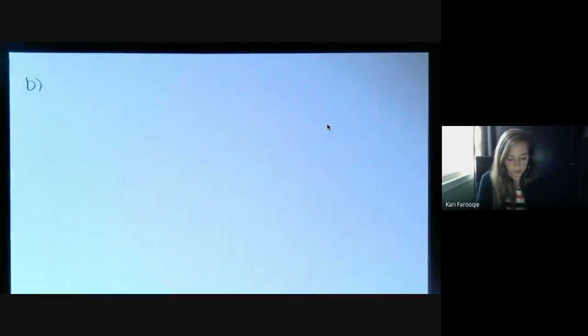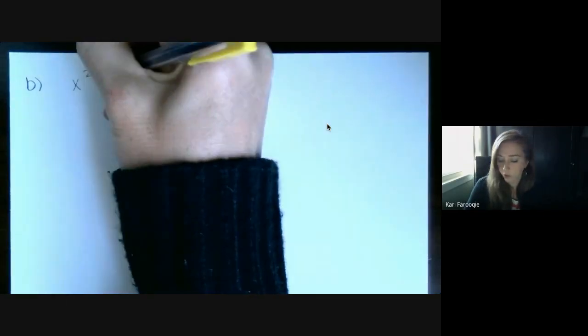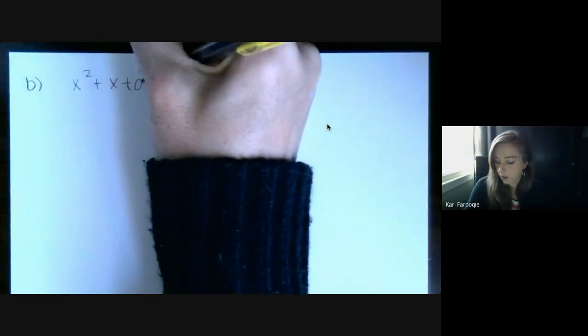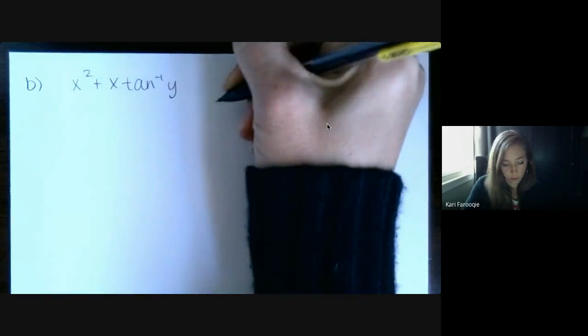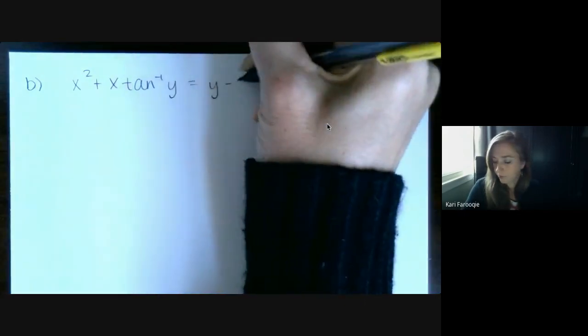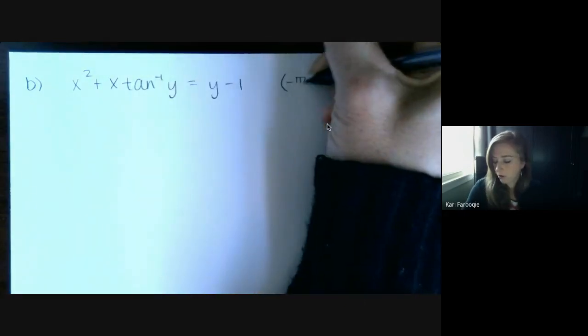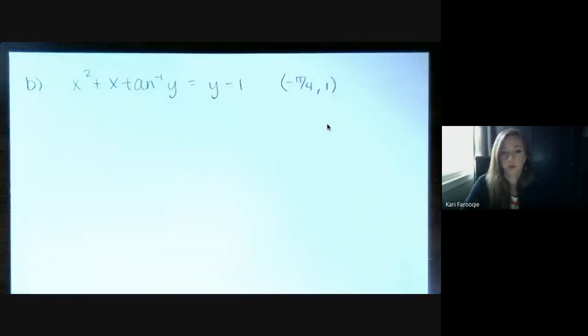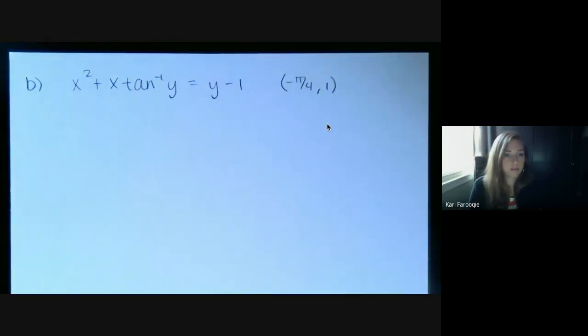So B, x squared plus x times the inverse tangent of y equals y minus 1. The point is negative pi over 4, 1.